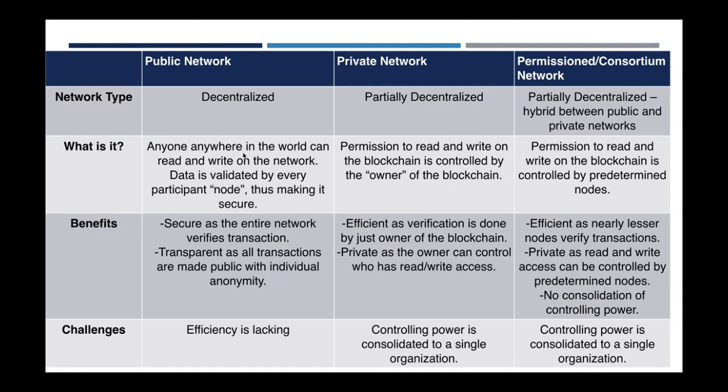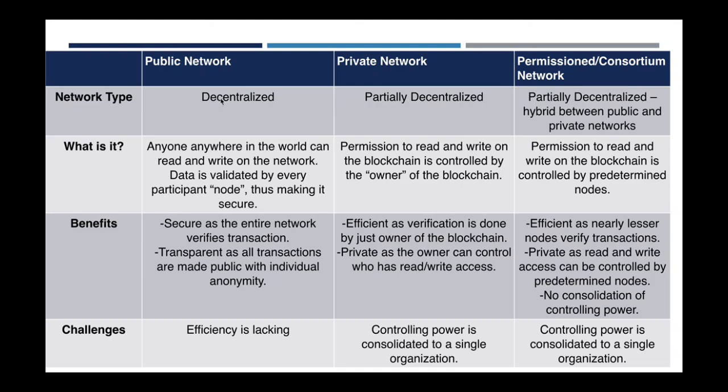Anyone like you and me can participate in the network, and data is validated by every participant or every peer, thus making it secure. Not everyone can be part of a private or consortium network. Permission to read and write on the blockchain is controlled by the owner of the blockchain. And in the case of a consortium network, permission to read and write on the blockchain is controlled by predetermined nodes.